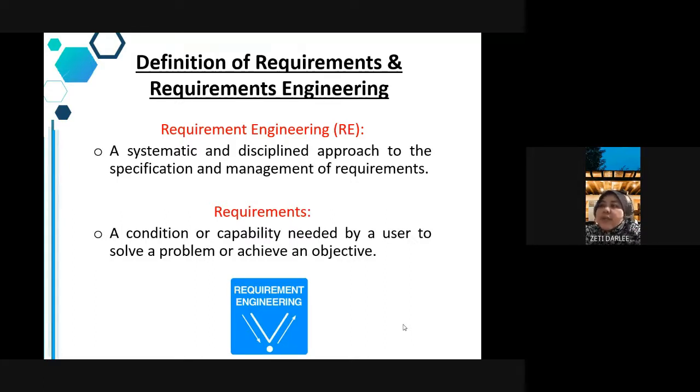So requirement engineering basically, kalau kita cakap pasal engineering is a discipline. Yang mana disiplin tu ada systematic activities dia. Systematic approach, ada systematic activities, maksudnya dia ada tertib dia, ada step dia, ada fasa-fasa dia. Kalau we talk about requirement, we're going to speak about specification.